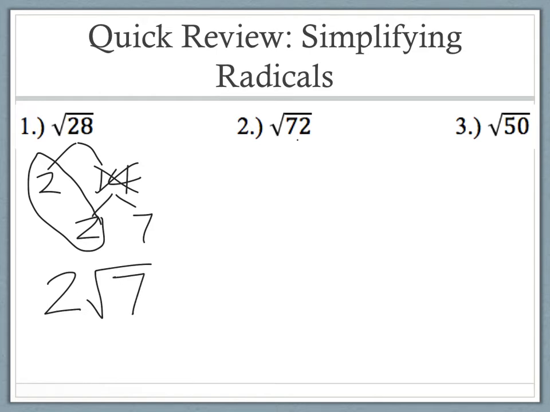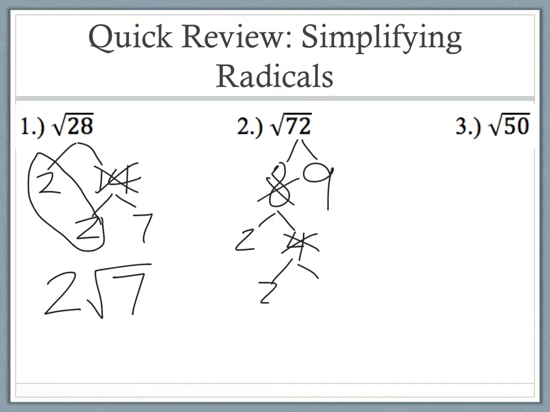Let's simplify square root of 72. Well, 72, I know 2 goes into both of those. I also know that this could be 8 and 9. You could do 2 or you could do 8 and 9. Should still get the same answer. Well, 8 is 2 and 4. And then 4 is 2 and 2.